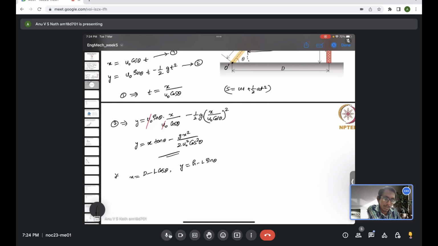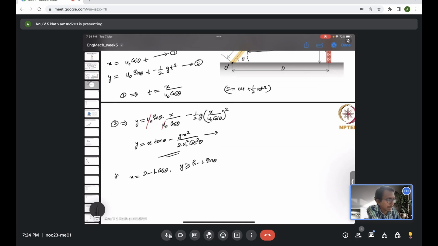So if we do this, we will get the critical value. Ideally, we want y to be greater than or equal to h minus L sin theta. If y is lesser than that, then the ball will hit the wall.